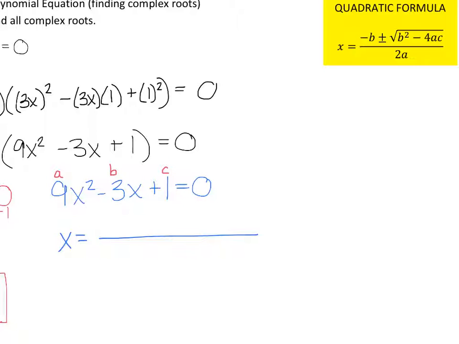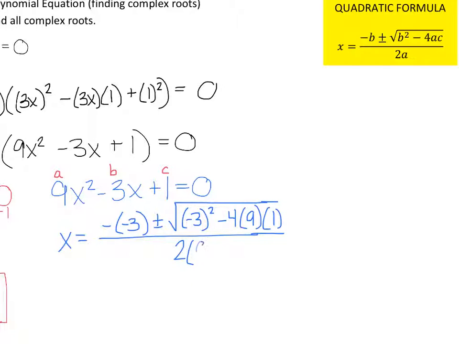So I need minus b, so minus -3, plus or minus the square root of b squared, so -3 squared, minus 4 times a, which is 9, times c, which is 1. Remember, when you plug into the quadratic formula, you're only plugging in coefficients. You're not writing any x's in there. It's only numbers. And then on the bottom, it's 2 times a, which is 9.